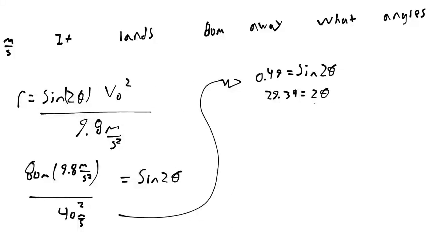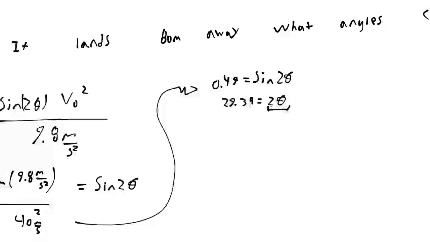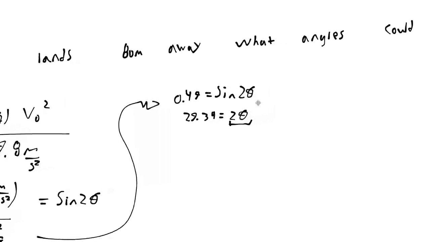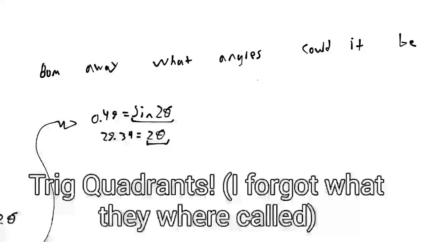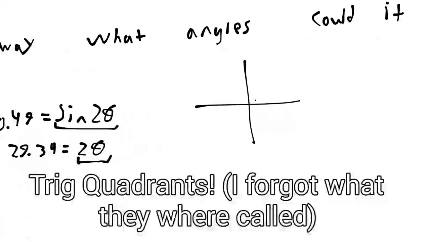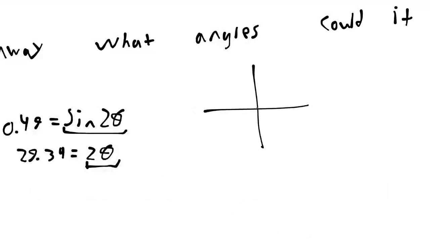But now notice how it says 2 theta here, right? So there's two options for theta in this case. If you remember the chart, sine 2 theta is something like this.